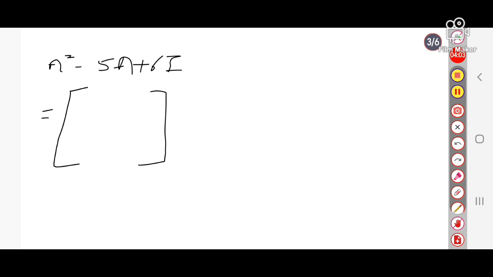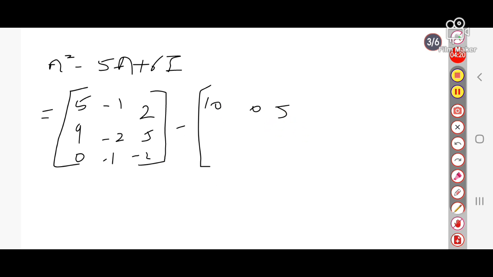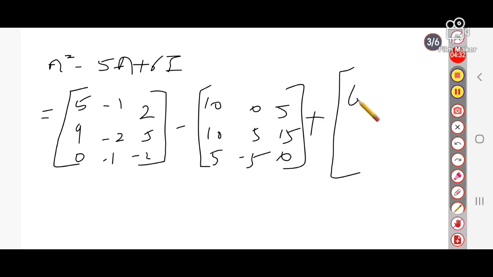So we got the value of A squared as 5 9 0, minus 1 2 minus 2, 5 minus 1 minus 2, minus 5A, which is 10 0 5, 10 5 minus 5, 5 15 0, plus 6 0 0, 0 6 0, 0 0 6.